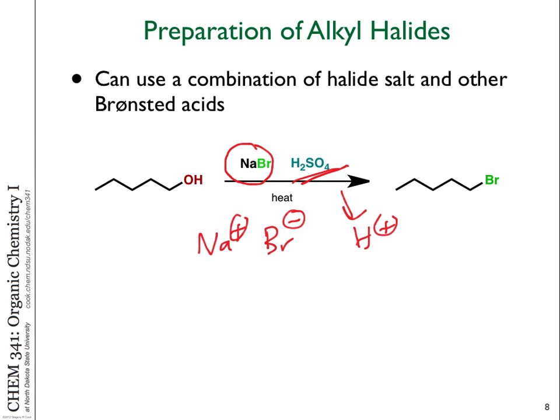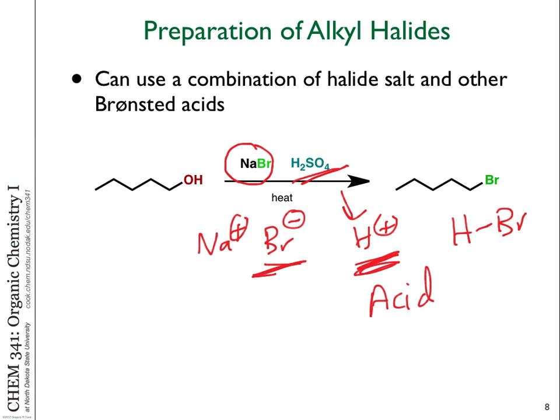So it's not that we necessarily have HBr present, but that we have both elements. We have an H plus, so we have a Bronsted acid, and we have Br minus. Those are the critical things, that we have both present. They could be together in one molecule, or they could be provided in separate things added to the reaction. As long as they're both present, the reaction works.